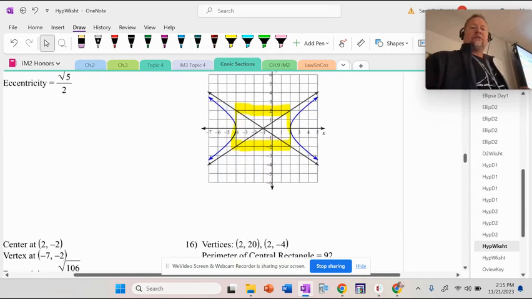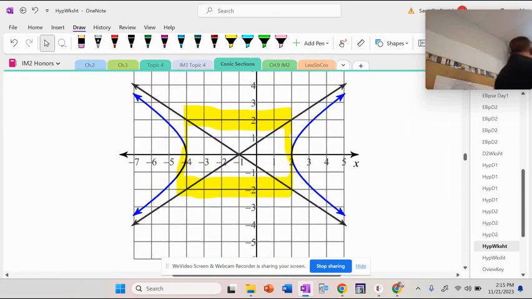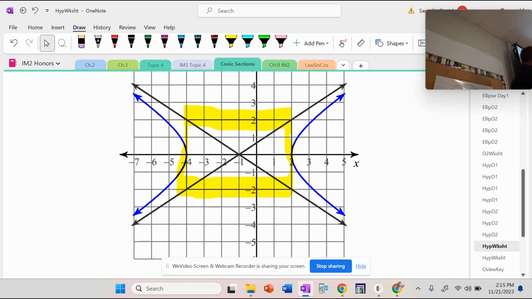You should be fine. I told you it's just like ellipses here. This might be the easiest question on the whole worksheet. I just wanted to make you understand that that's the box there. And you should know that because the vertices here, so that corner and that corner, is where the end of the box happens. Easiest question on the worksheet.